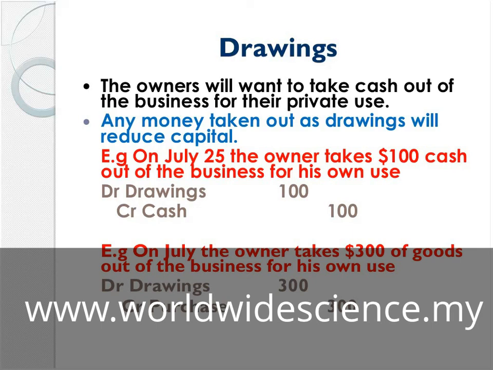And next example, on July the owner takes 300 of goods out of the business for his own use. For example, he has taken another 300 in goods, not in cash, but in goods, meaning products.